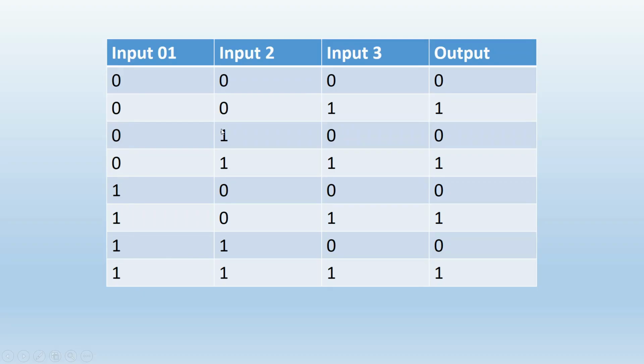Then 2 zeros, 2 ones, 2 zeros, 2 ones. After that 0 1 0 1 0 1, likewise. You have to follow this pattern, then you can easily fill the input columns. So draw this truth table and leave the output column. Let's fill it in the next video.